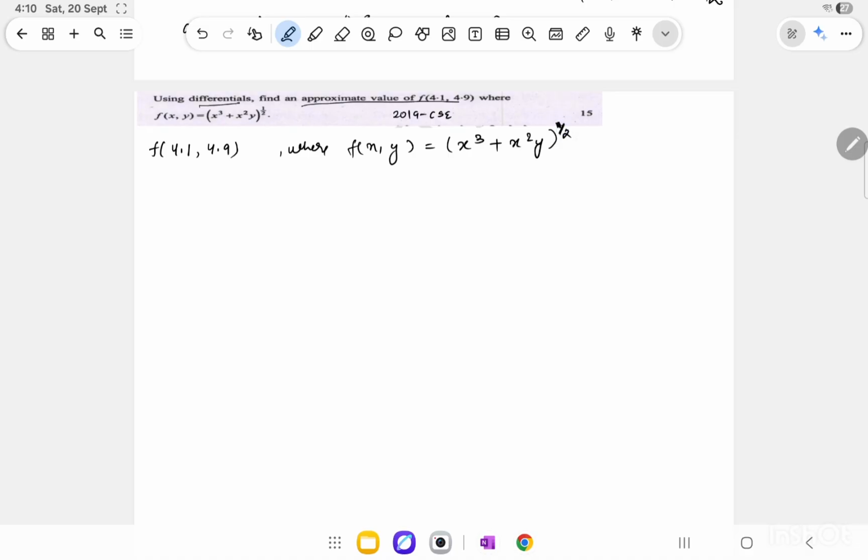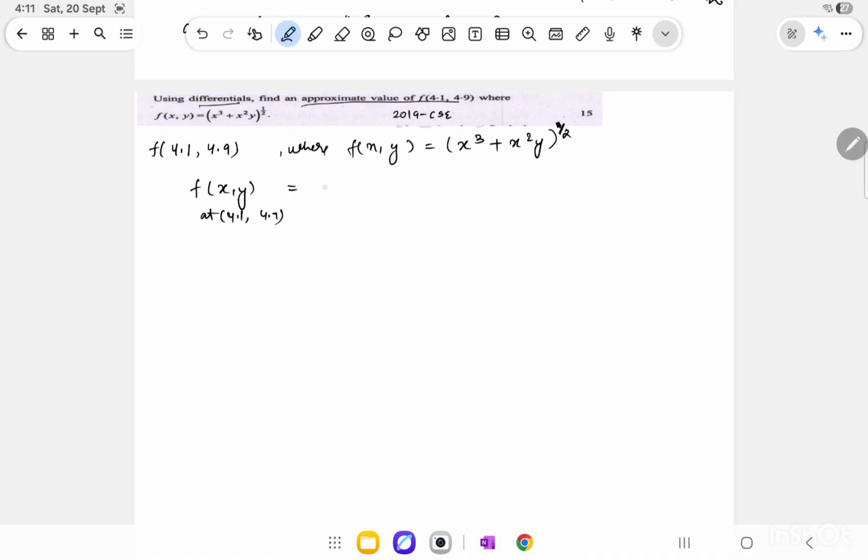Now, the question has explicitly asked us to find it using differentials. So first let us check what will be the value of f(x, y) at 4.1 comma 4.9.